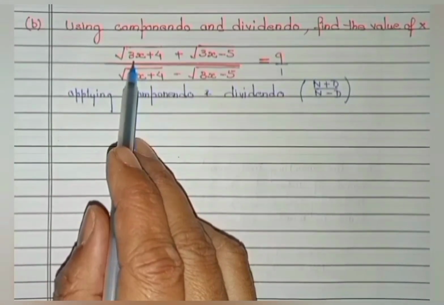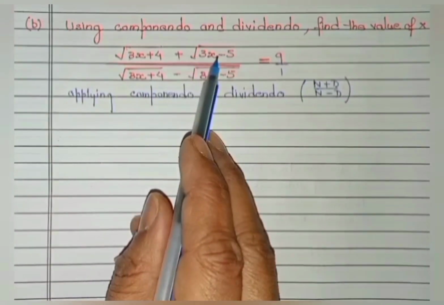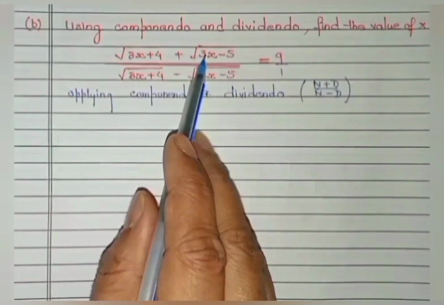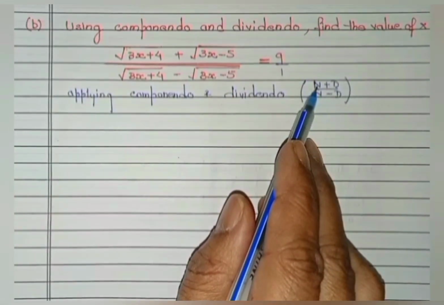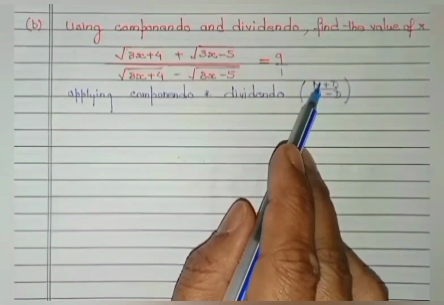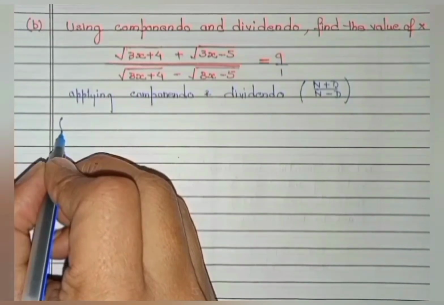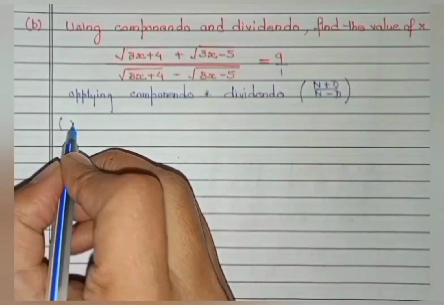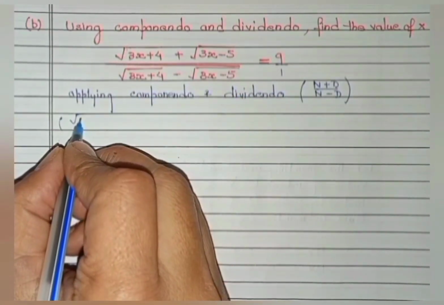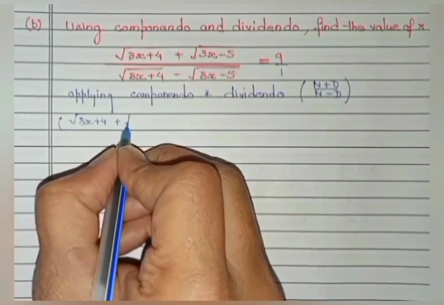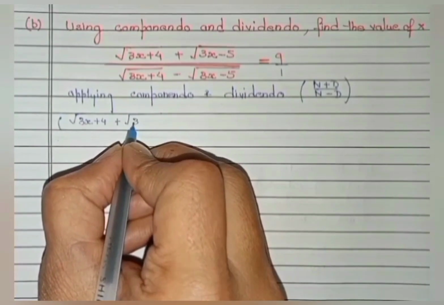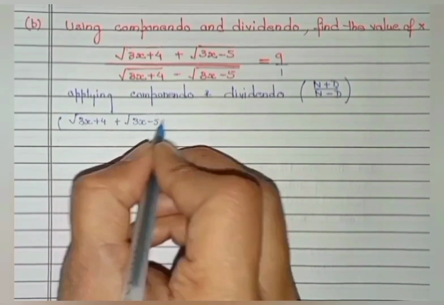Now on the left side, this whole expression written here, this is your numerator part and this is your denominator part. So on the left side, in the numerator place, you have to write numerator plus denominator. So see, this is our numerator part, 3x plus 4 plus under root 3x minus 5.